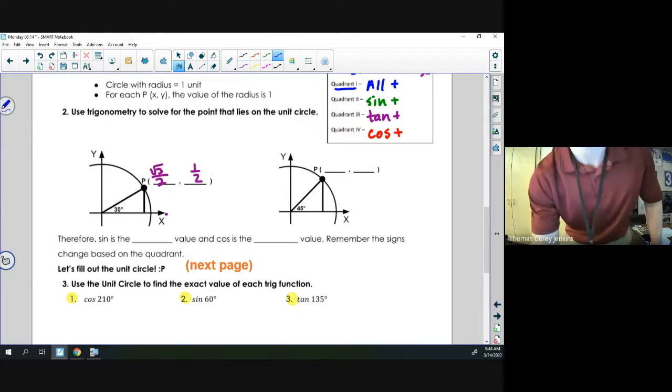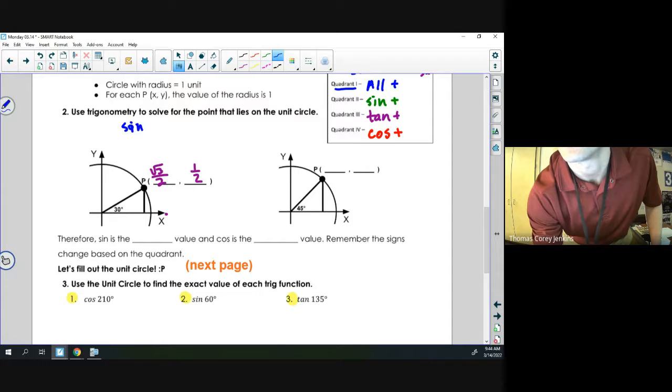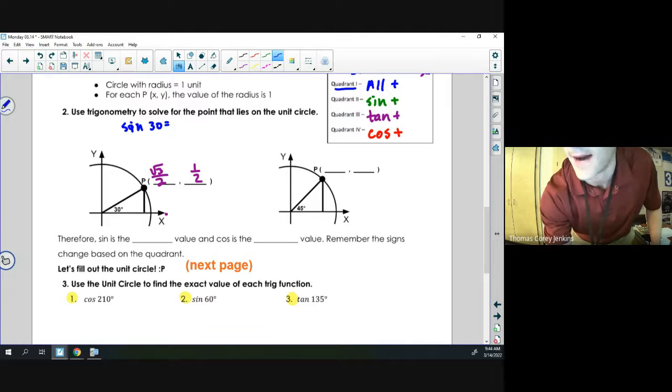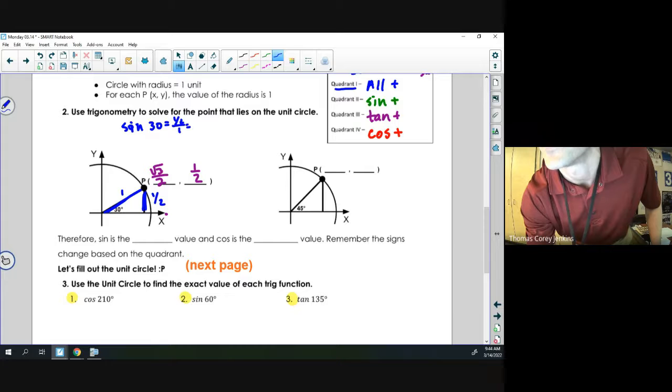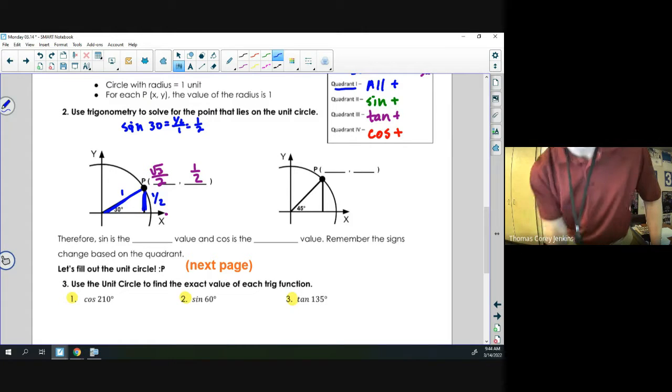If I wanted to find sine of 30, we would do opposite side, which is the y value in this case, 1/2, over the hypotenuse, which is always 1. So from the unit circle, 1/2 over 1 is, of course, 1/2.